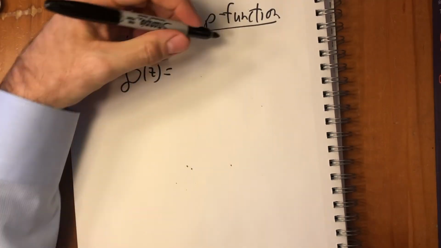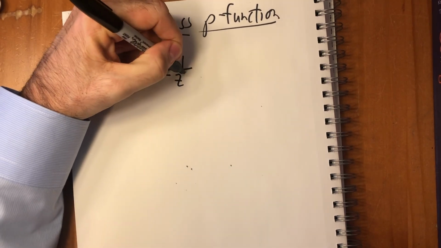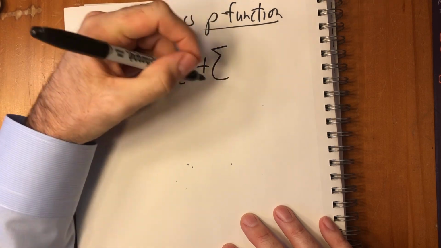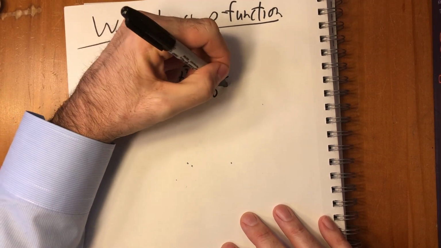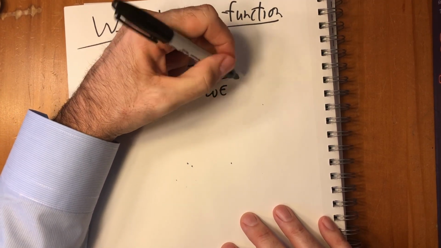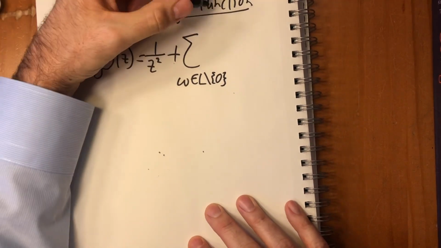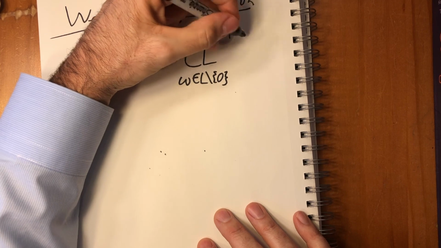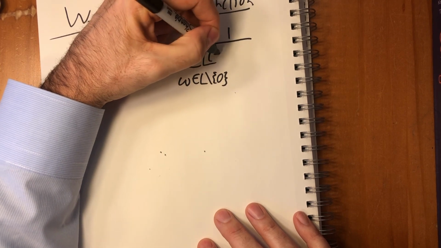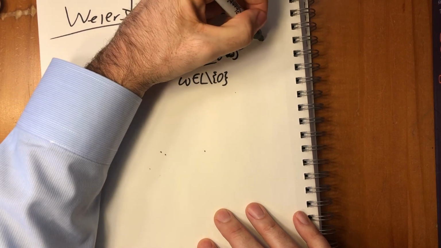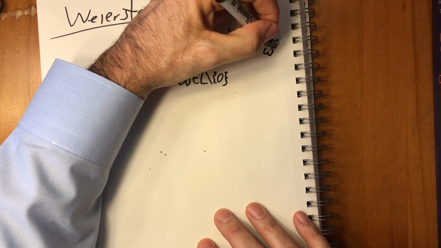I'll explain this later, but I'll just show you what the equation that he came up with is for now. It's the sum over all the omegas that are elements of the lattice except for 0, of 1 over (z minus omega) squared minus 1 over omega squared.